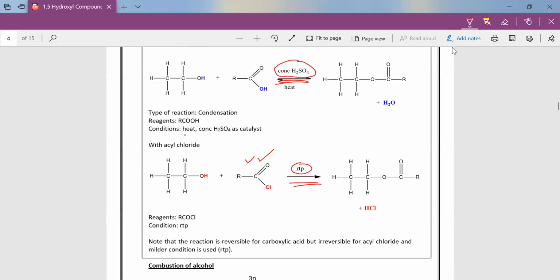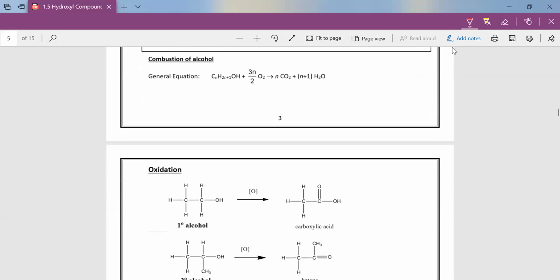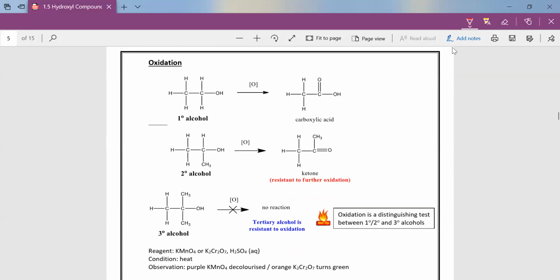Next up, we look at combustion. I think you have all done it since secondary school, so I'm not going to go through it again. Now this is the part where the properties of primary, secondary and tertiary alcohols make a difference. Primary alcohol, when you oxidize it, will be oxidized to carboxylic acid.